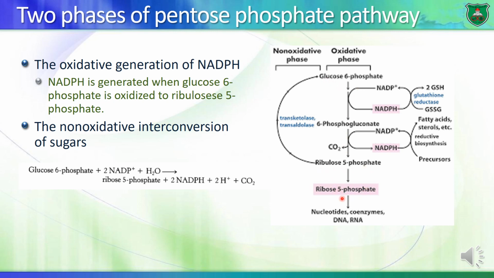Eventually, this would be converted to ribose 5-phosphate. But the main purpose of these reactions is to produce NADPH. Now, the non-oxidative phase of this pathway is to convert ribulose 5-phosphate to different types of sugars, including glucose 6-phosphate.